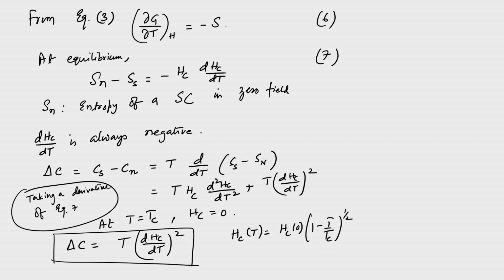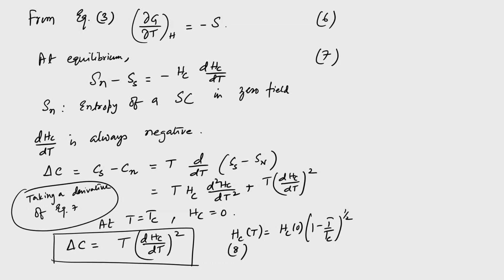If you use this and calculate, you will get a pretty neat value for the specific heat. Now, these are empirical formulas that are not believed beyond doubt, however, for most of the conventional superconductors they seem to follow this behavior with respect to temperature. So, let us call this equation 8.